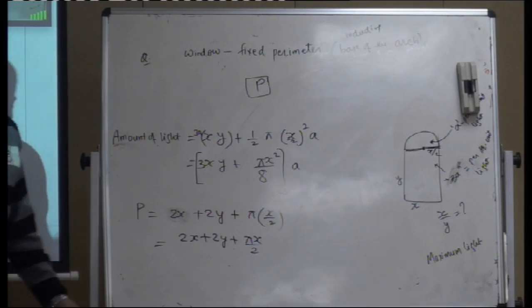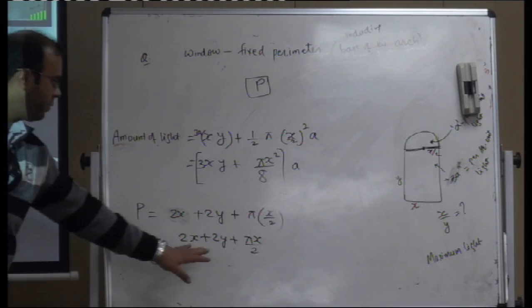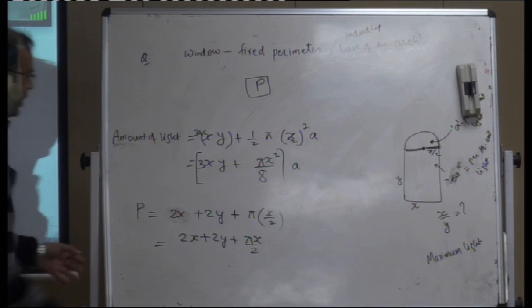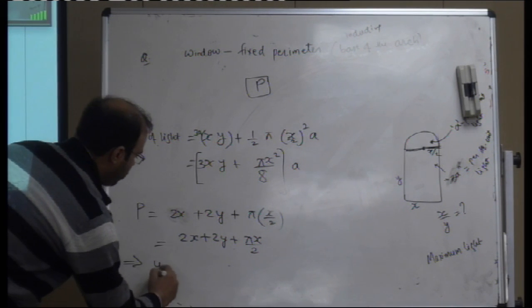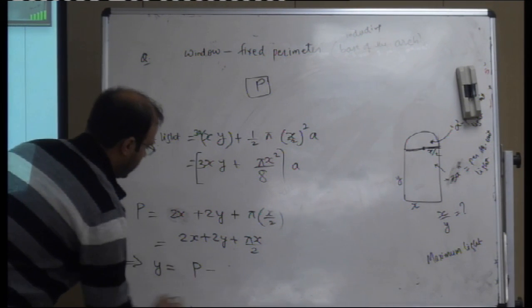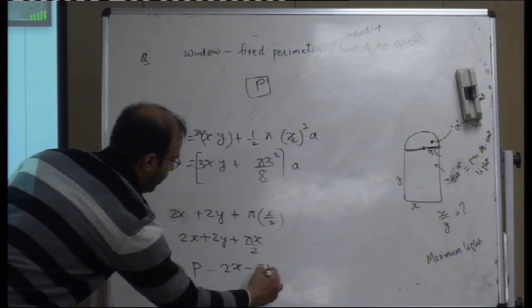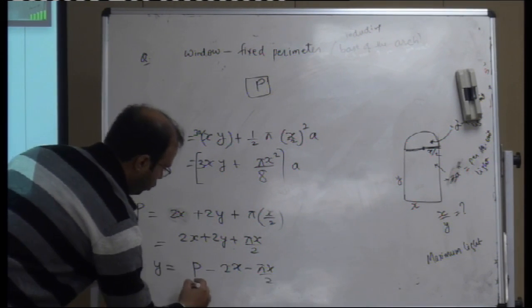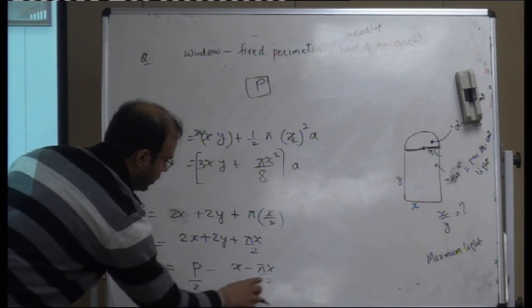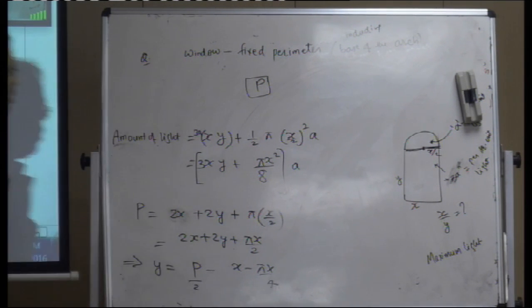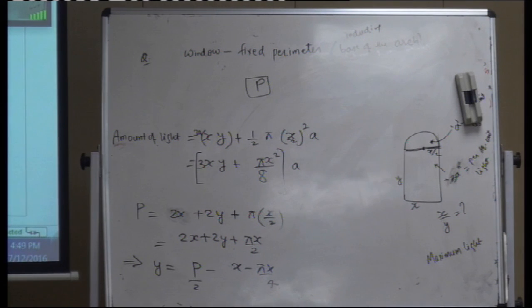Now, the third step is to express one variable in terms of the other. The best way is to express y in terms of x, that is P minus 2x minus pi x by 2, upon 2. This 2 would cancel, and this would become 4. So we have expressed y in terms of x.